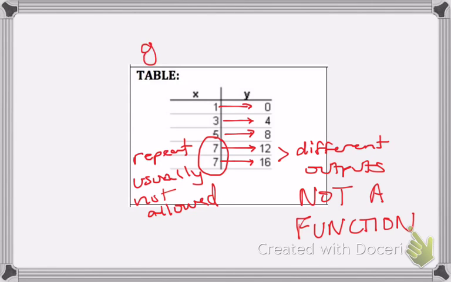And if we were to graph this, it would not pass the vertical line test. Because of the fact that we have two x values of 7 and then a 12 and a 16, they would be stacked on top of each other.